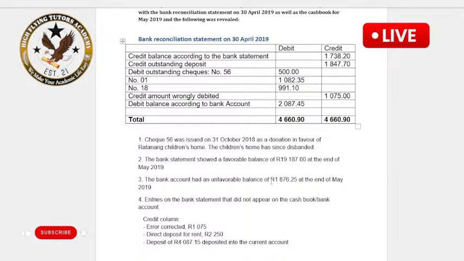BA is the bank account, which is the book of the business, and BRS is the bank reconciliation statement, the statement prepared by the bank.